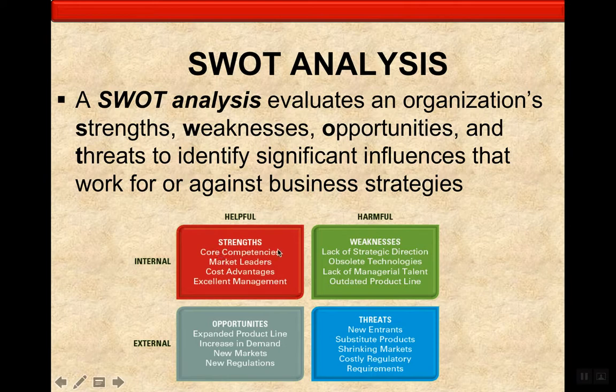What are the organization's strengths? What are its weaknesses? What are its opportunities, what are its threats? So the idea is trying to identify the things that have the most influence, that can work either for your advantage or potentially work against your advantage.